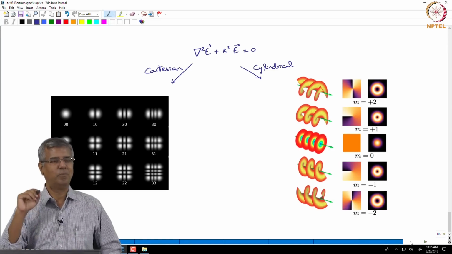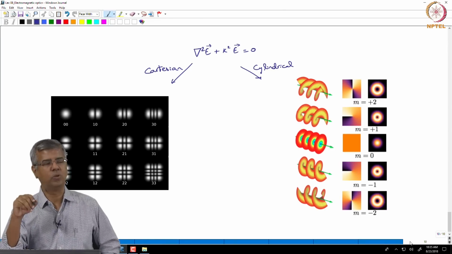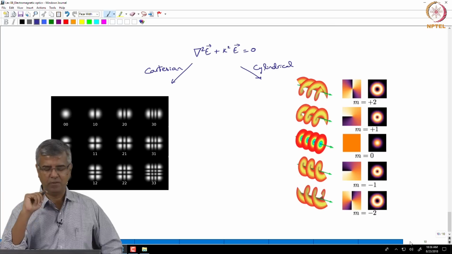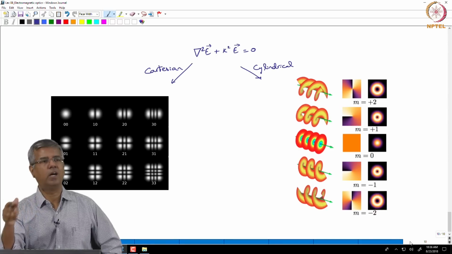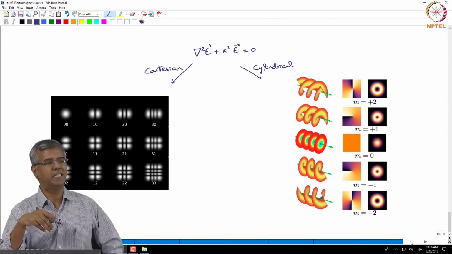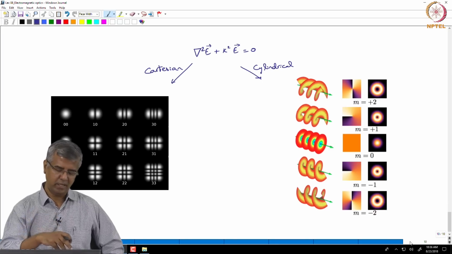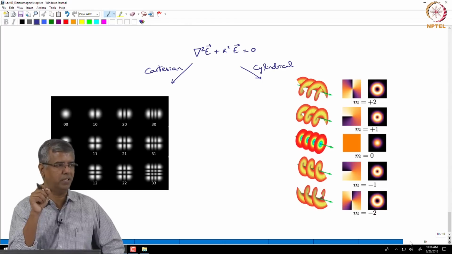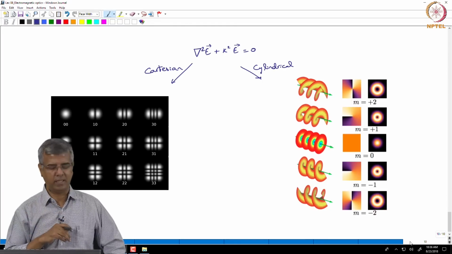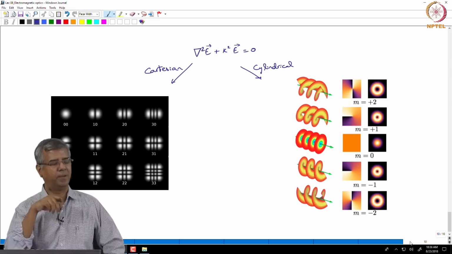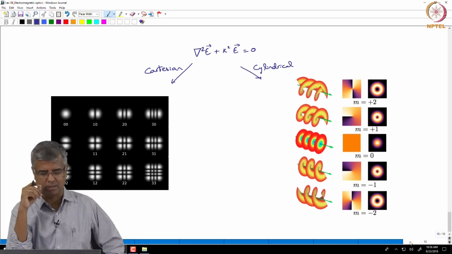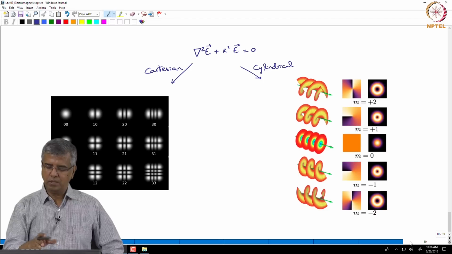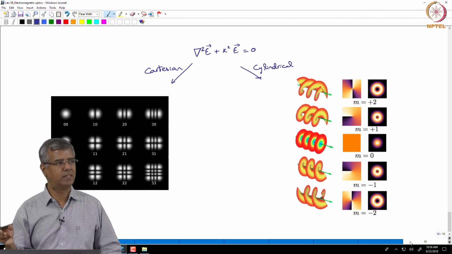Not really, because if you go back to the Helmholtz equation, which is the starting point for all the wave things that we have looked at before, you solve the Helmholtz equation in Cartesian coordinates, you get these solutions, right, which at the fundamental level are like a Gaussian beam solution, and then as you go to higher order solutions, you have multiple lobes or multiple fringes. Now, you do the same with cylindrical coordinates, okay.